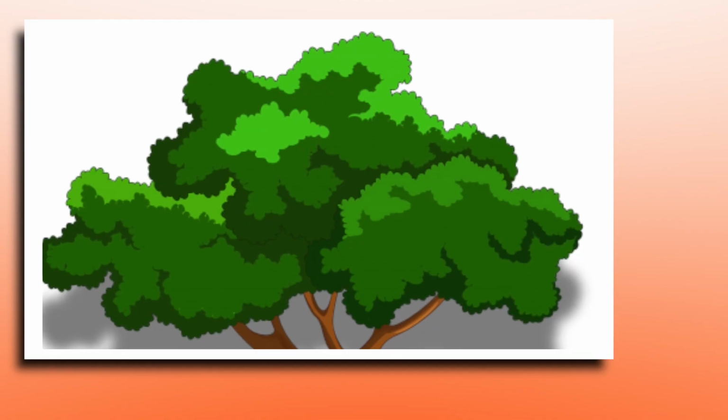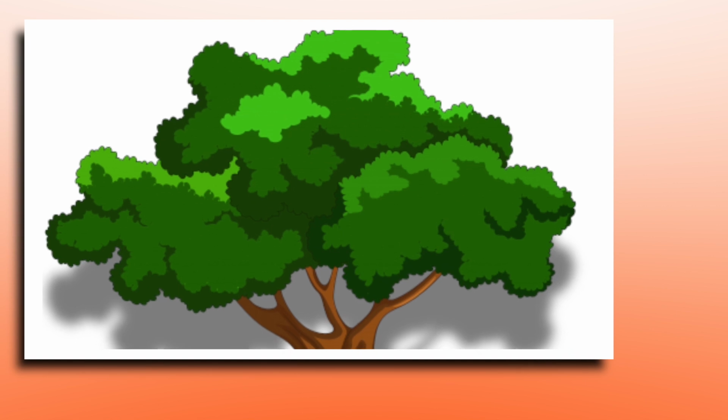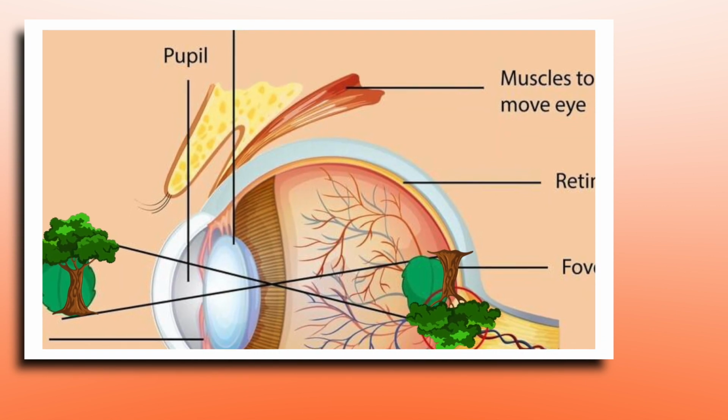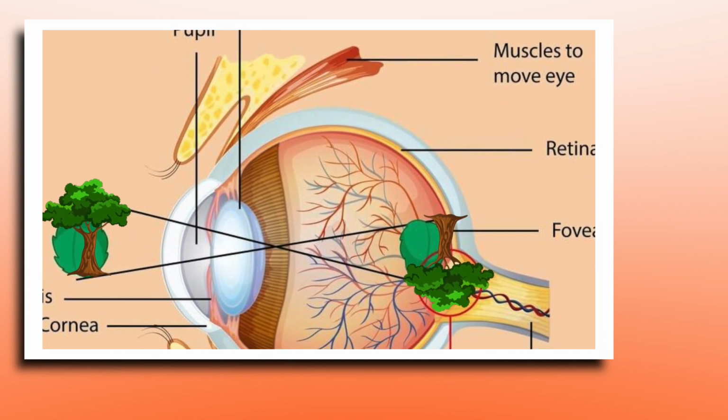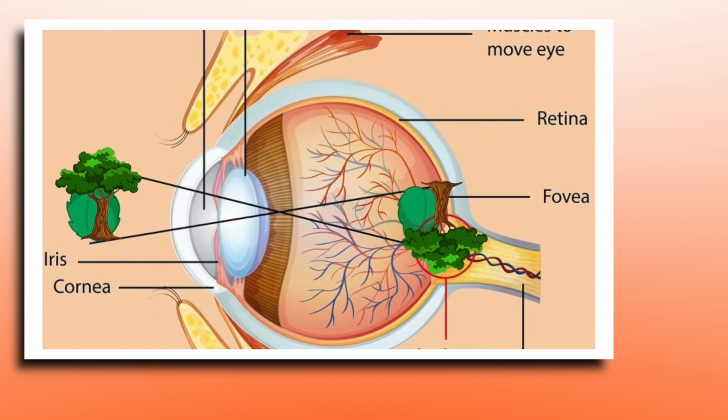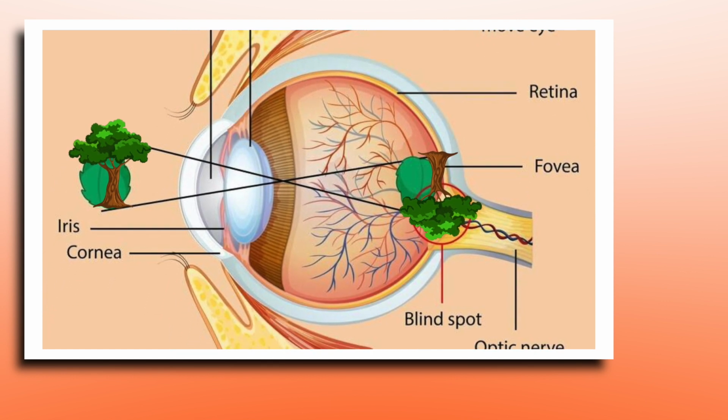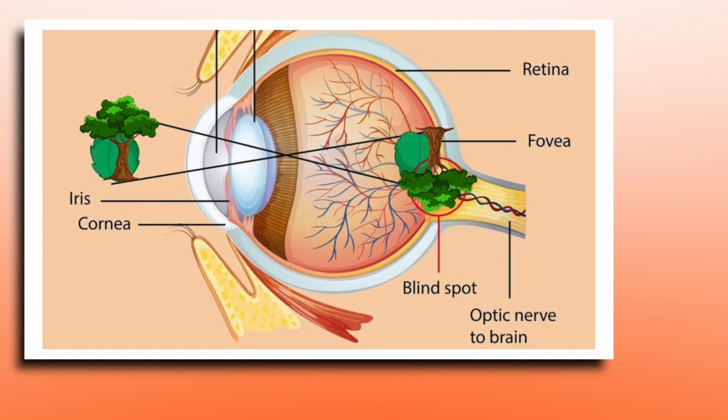The eyes are normal, but the person is not able to comprehend what he or she is seeing. The person is able to see the tree, but doesn't know it is a tree because certain areas in the brain do not respond appropriately.